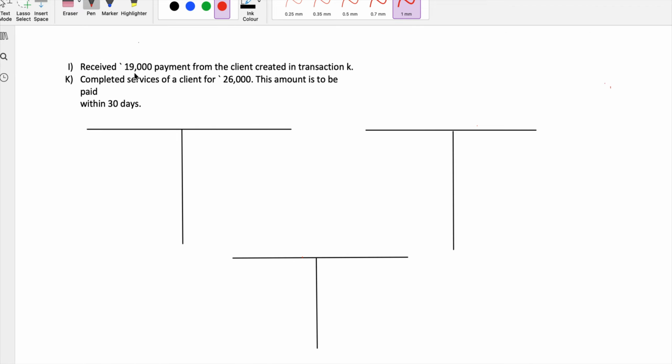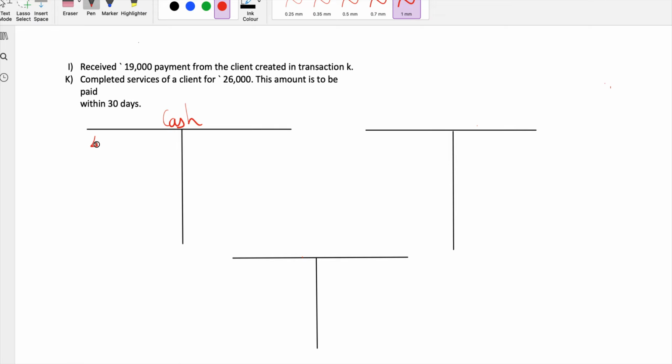Transaction L, received 19,000 payment from the client created in transaction K. Now what's the transaction K? Completed services of a client for 26,000. This amount is to be paid within 30 days. So here if you see, we'll first take cash account.